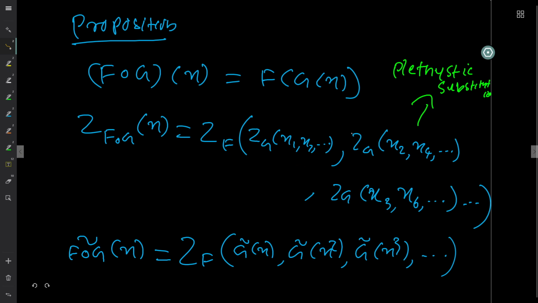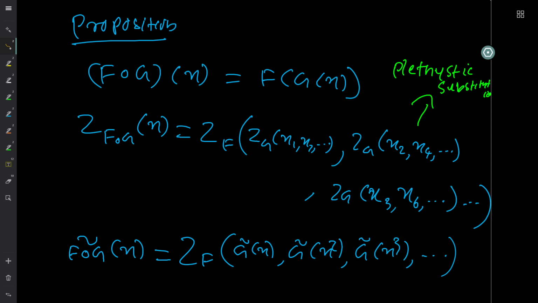Then x2 is substituted by Z g of x2, x4, x6, etc. Then x3 is substituted with Z g of x3, x6, x9, etc. Similarly, you do for each of the xi's.